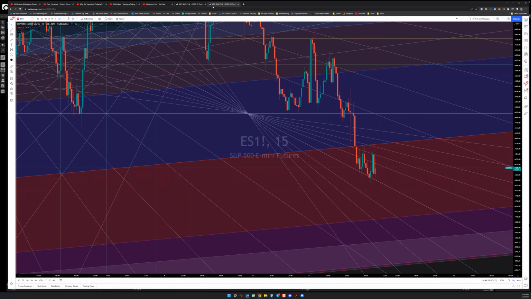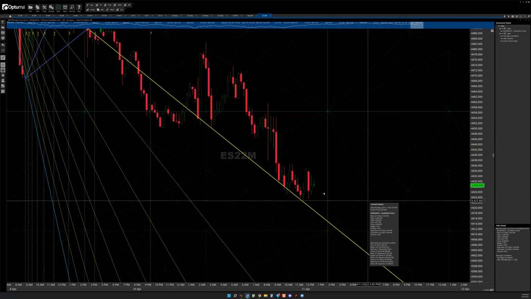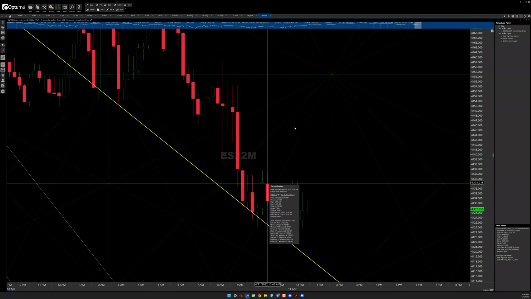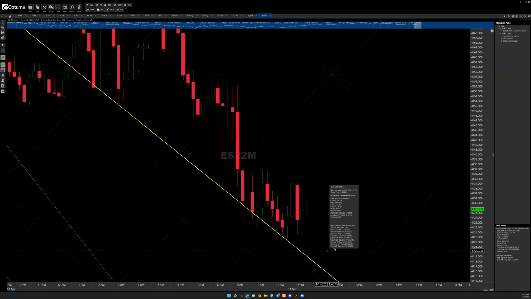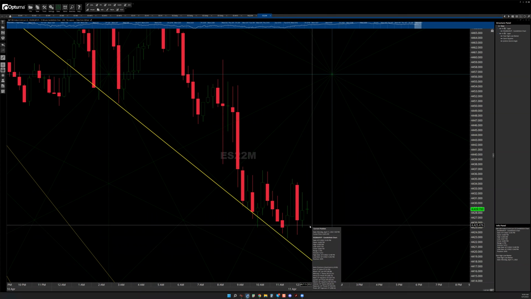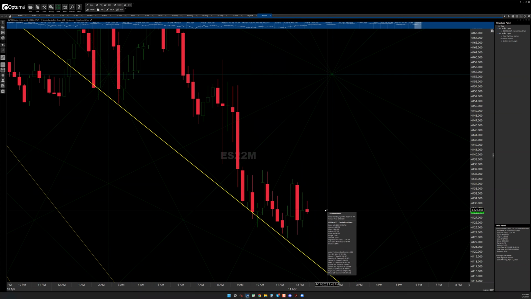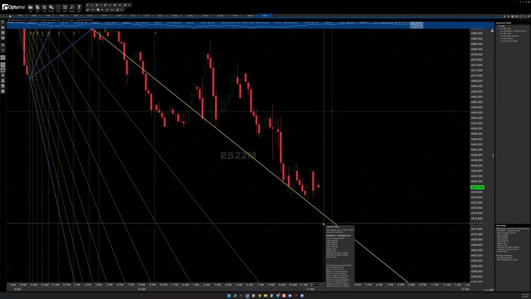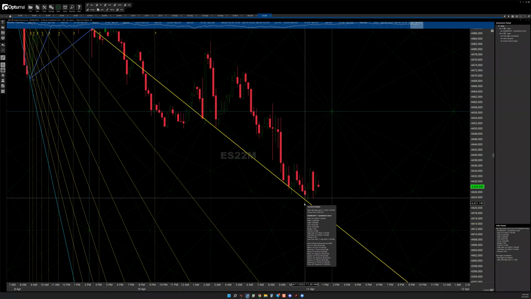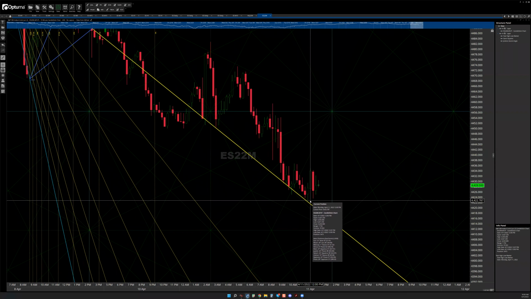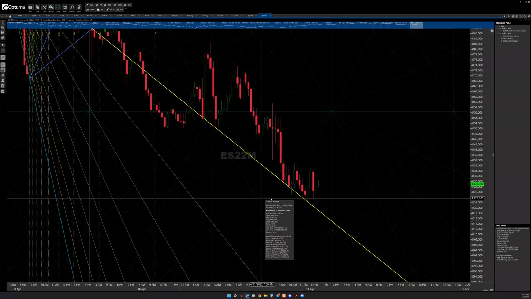Okay, so what I'm going to do here is maybe go back over to this chart. This is a 15-minute chart right here. I don't have any interesting GAN lines at this level. And a lot of my smaller time frame charts aren't yet set up for this level of technical analysis.